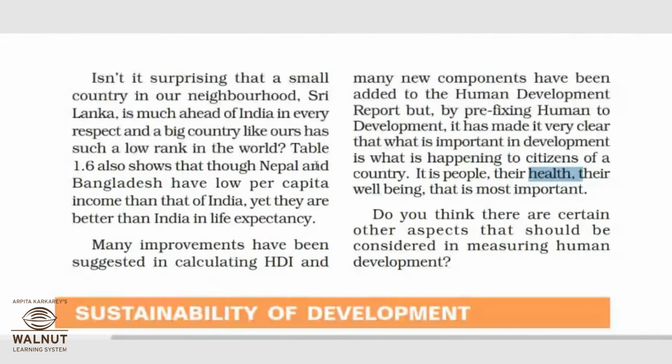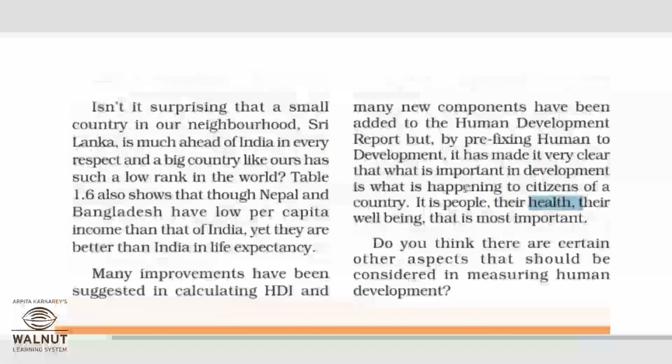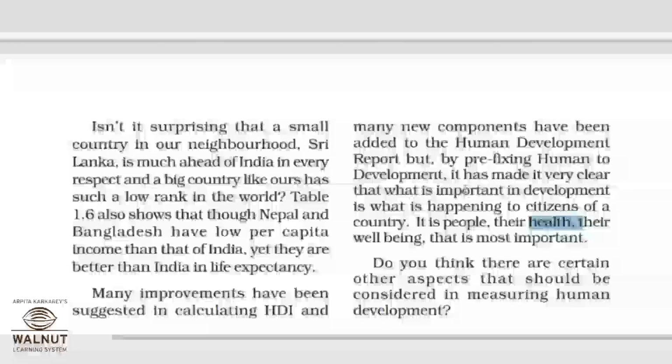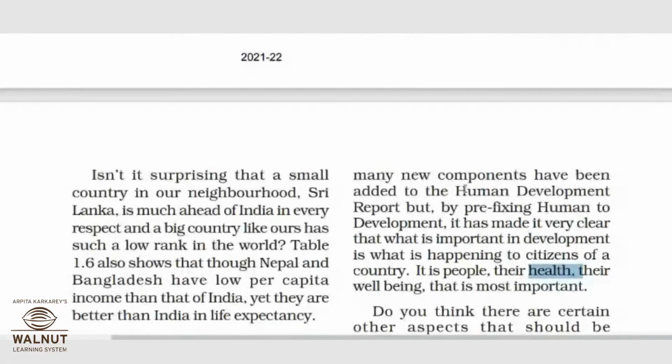So life expectancy, literacy rate, health and well-being of the citizens is very important in calculating the developmental level of your country. Okay, is it clear? So I'll stop for the day today.